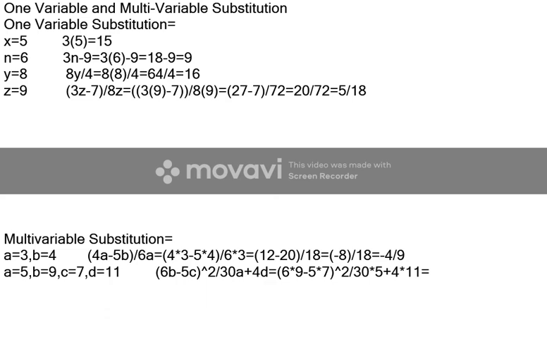So in the beginning we have 6 times 9, which is 54, minus 5 times 7, which is 35. Square that, divided by 30 times 5, which is 150, plus 44. And so let's calculate all of this.